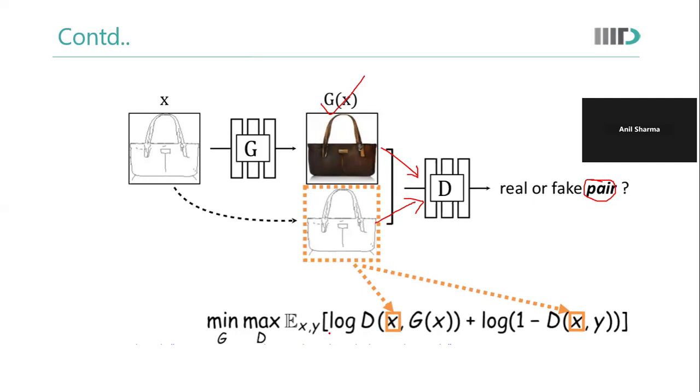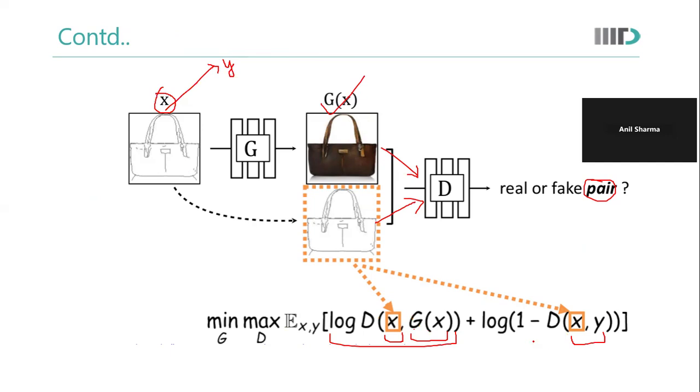To incorporate that, the min-max loss function is modified in this way. Let's say when we give the sketch X as the input to the generator, the output will be G of X. So for this G of X, whether the X is actually a right image or not. Let's say the corresponding ground truth image for this is Y. When we give this, it's a real pair, and the discriminator says whether it's a real pair or not.